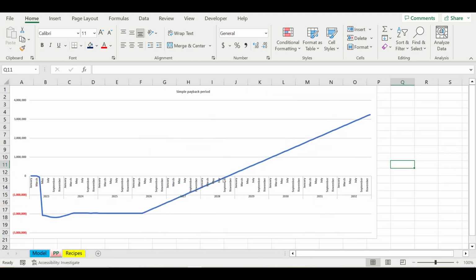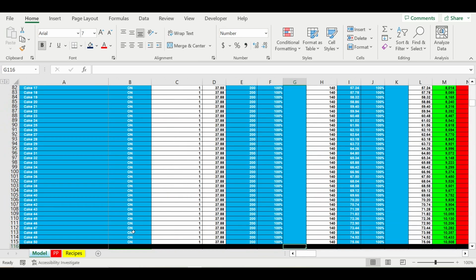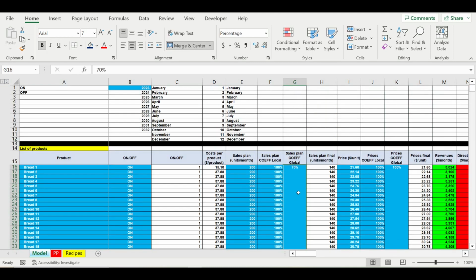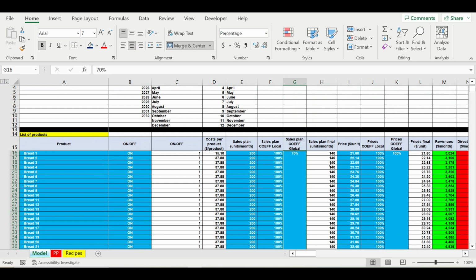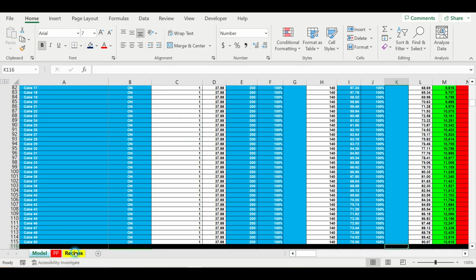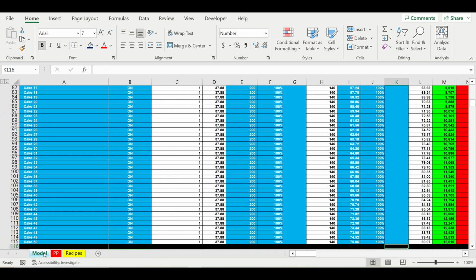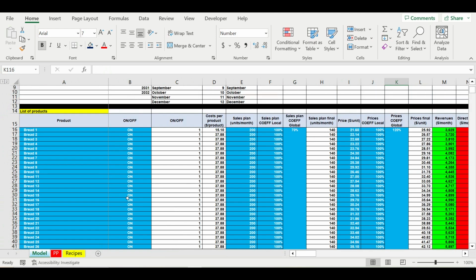We can see how the diagram moves. Or what will happen if the sales plan decreases but the prices increase by 20%, for example. And now we can quickly create a huge number of scenarios. We can play with inputs the way we want.